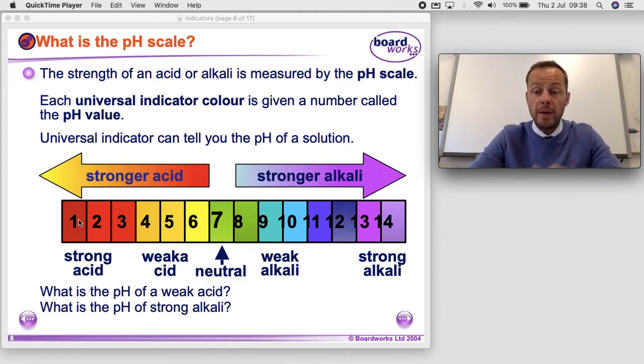It would go yellowy to show acidic soil, and it would go the bluey green colour to show an alkali soil. I doubt very much that your soil would be strongly acidic or strongly alkali, but it would be weakly acidic or weakly alkali. So universal indicator is a fantastic indicator for showing the strength of an acid or an alkali, and it gives that lovely range of colours.